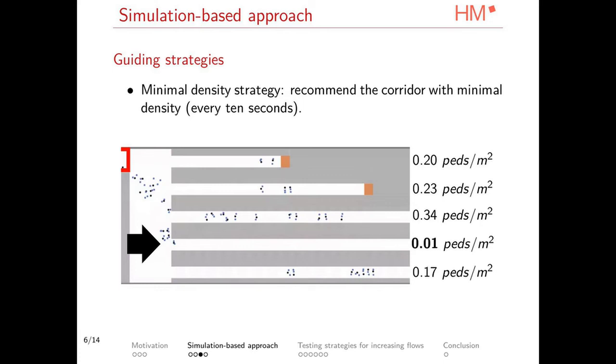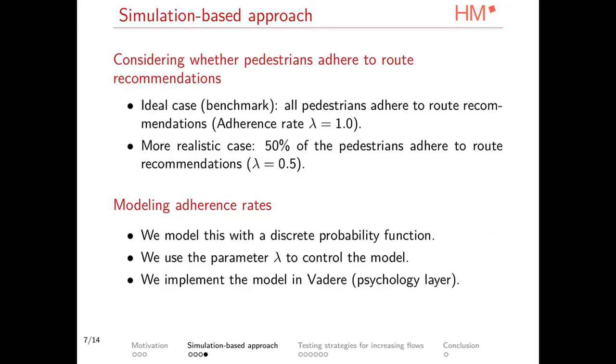We also consider whether pedestrians adhere to a route recommendation or not. So they get the message, please use corridor 2, and as you can imagine, not every person will respond to that. So we consider 2 use cases. In the ideal use case, we assume that all pedestrians adhere to the route recommendation.